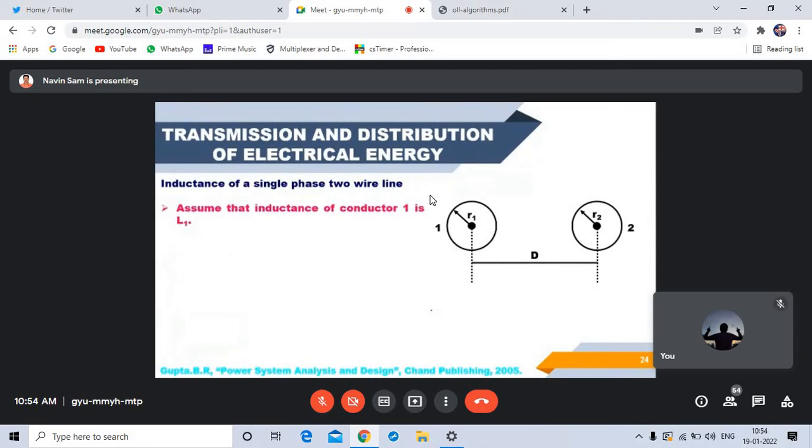First, you may take down, assume that inductance of conductor 1 is L1.